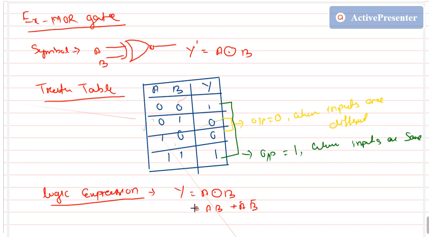So this is the expression for your XNOR gate, and otherwise it can also be written as A plus B bar into A bar plus B. So this is one expression and this is another expression.